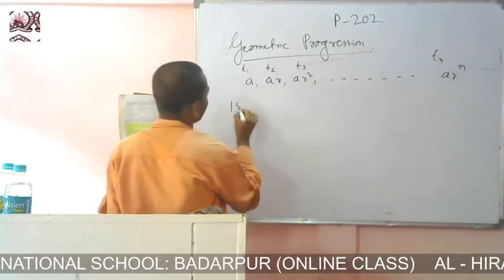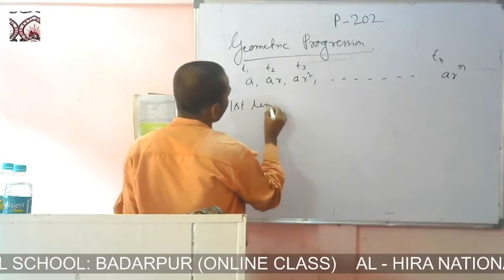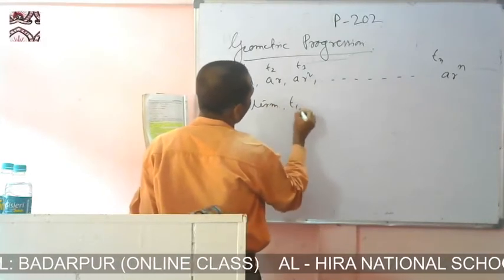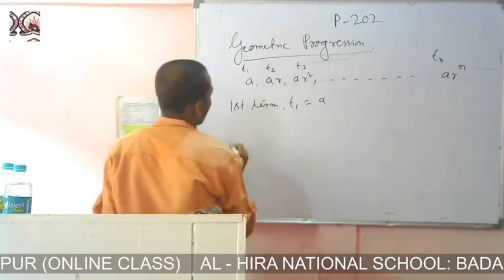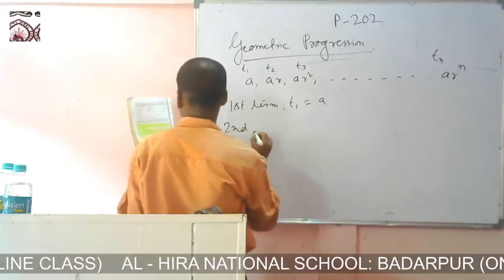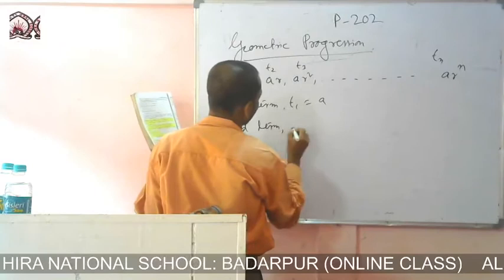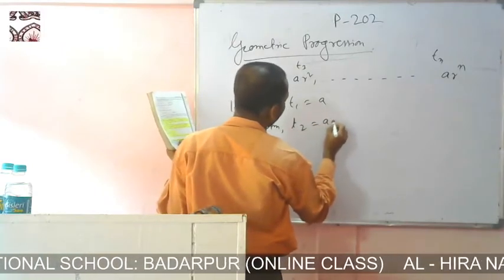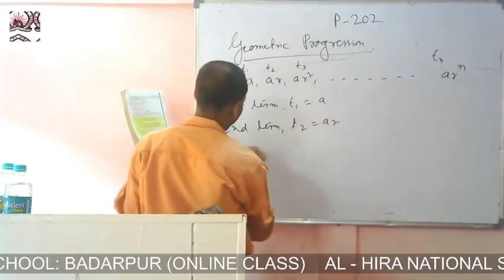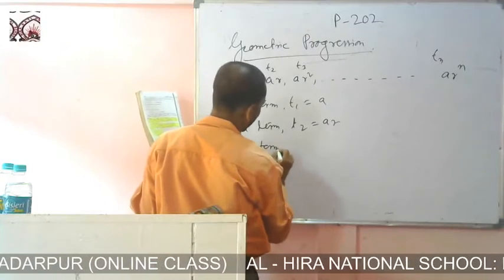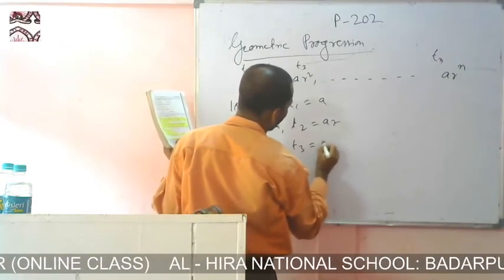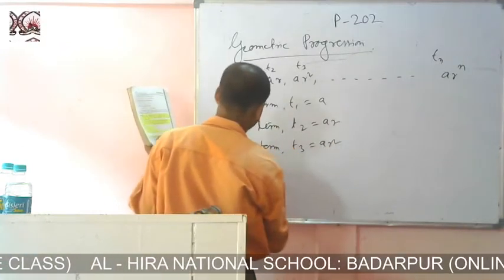So first term t1 is equal to a, and the second term t2 is equal to ar. Third term t3 is equal to ar square, and so on.